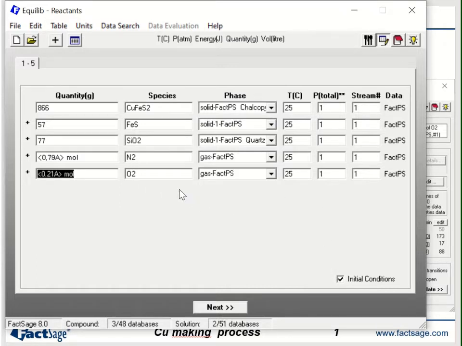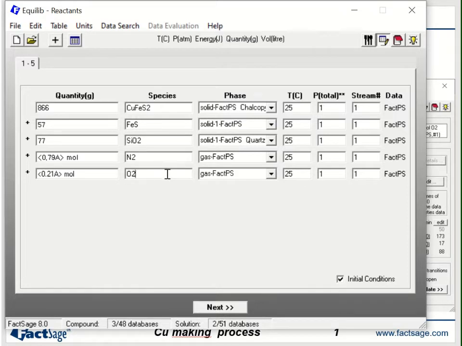And some of you might ask me, the gas is a stream. So N2 and O2, if you want to consider them as air, then you have to make this a stream file first at 25 degrees Celsius, and then enter it as a stream file. Yes, it is true. Theoretically, that would be the better way to treat this N2 and O2 as an air stream.